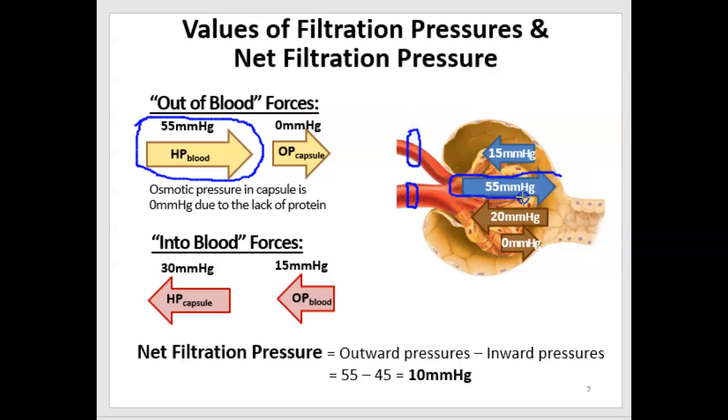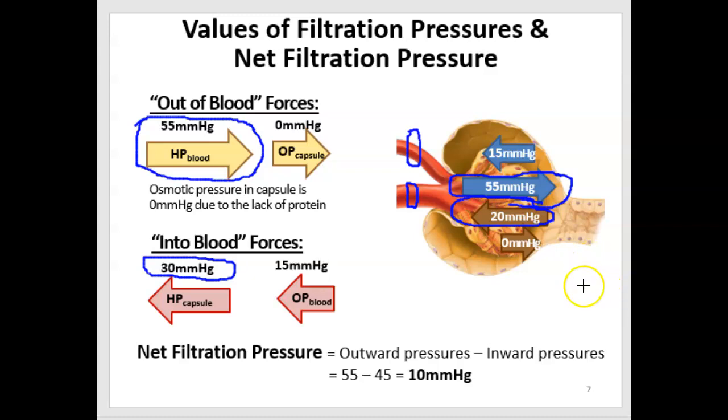So it's a big out of the blood force, right? The biggest into the blood force is 30 millimeters of mercury. And that's due to the presence of proteins that remain in the blood. 30 millimeters of mercury inward.